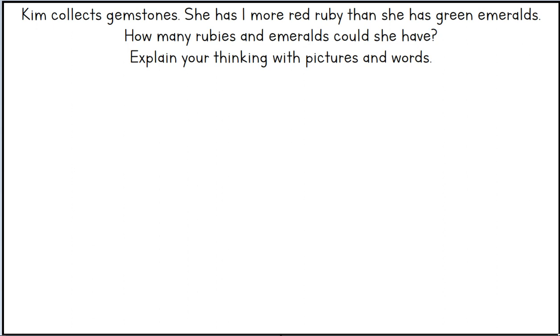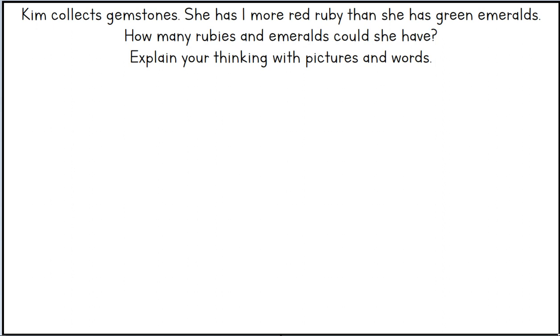So what I'm going to do to start is to pick a number of red rubies that I want Kim to have. And again, you guys do not have to pick the same number as I do. In fact, I want you to try to think of a different way to solve this problem. And I'll do it two ways today. How about that? All right, so I'm going to say that she has 5 red rubies.